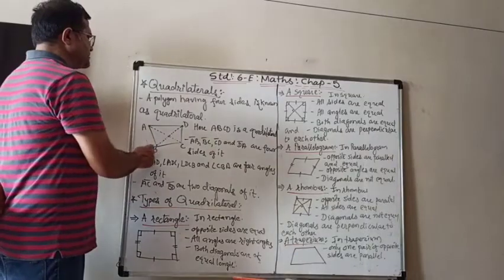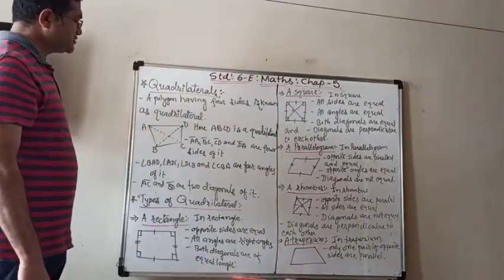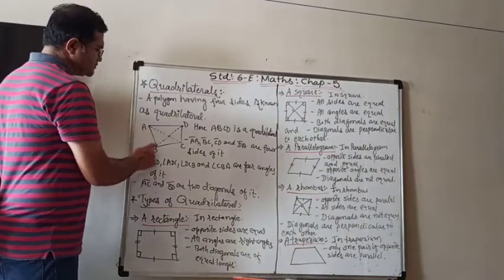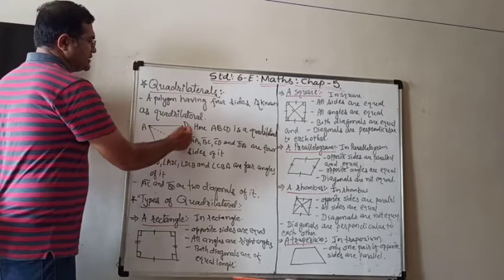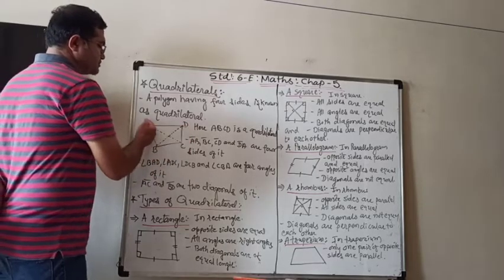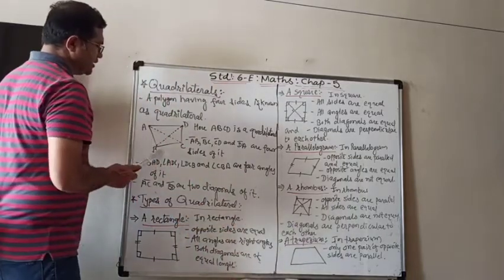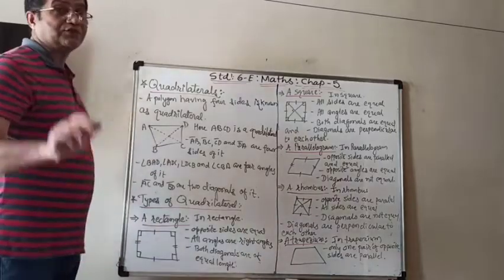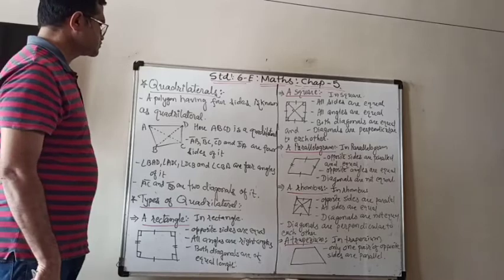Here ABCD is a quadrilateral in which line segment AB, line segment BC, line segment CD and line segment DA, these are the four sides of the quadrilateral.